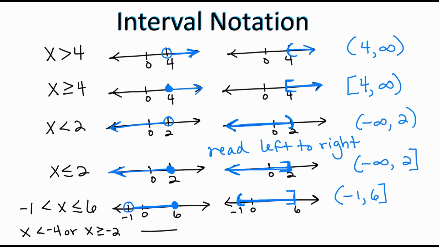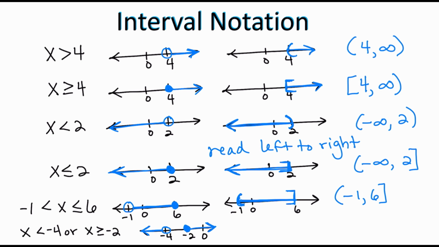So in terms of graphing this, the way you used to do it, here is -4, here's -2, here's 0. I used to go from -4, open circle, shade to the left, and then I'm going to shade in the circle at -2, but go to the right because I want all the numbers that are either less than -4 or greater than or equal to -2.